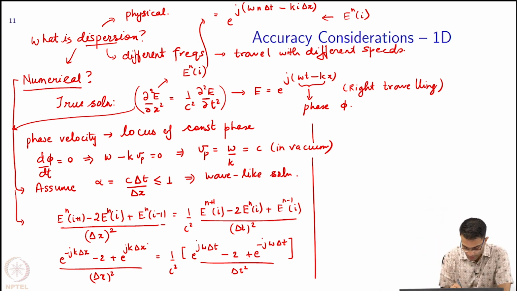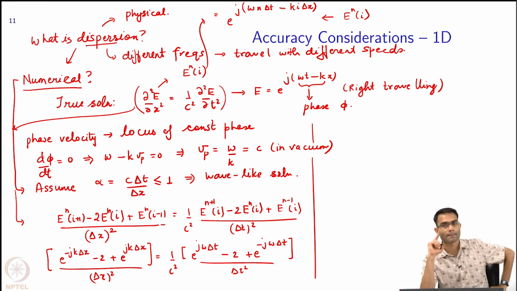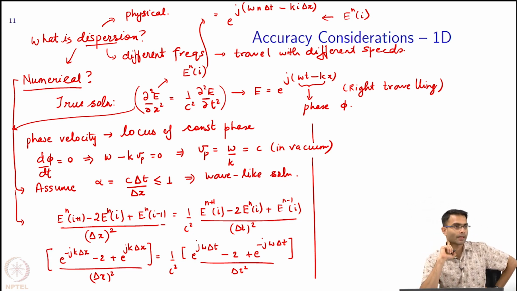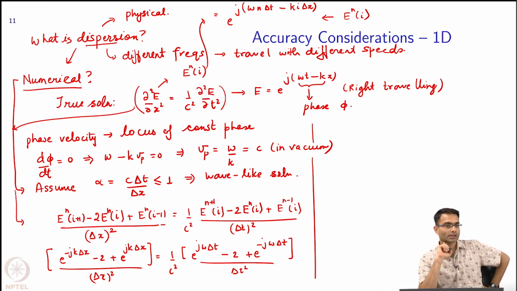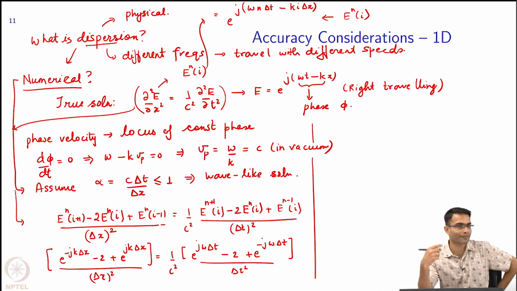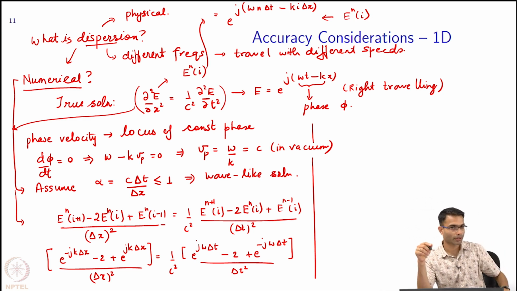Does this look like something that can be easily simplified? Each of the terms, right? I have e to the j theta plus e to the minus j theta, that is 2 cos theta, 2 cos theta minus 2 on both sides. So, that will get simplified in terms of half angles of sine, right. So, I am going to get a sine squared.